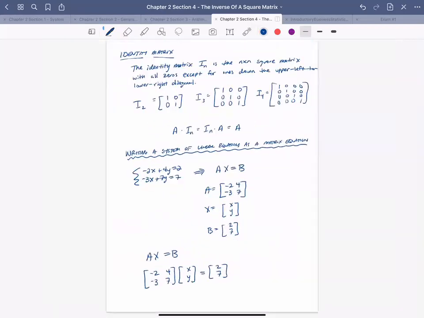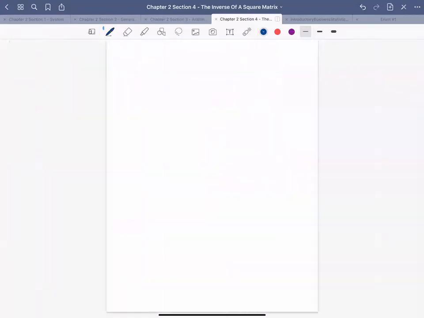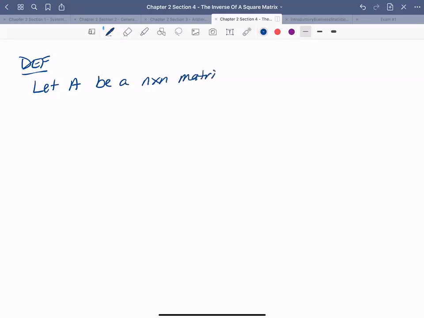All right, another definition here. We're going to let A be an n by n matrix, so make it square.